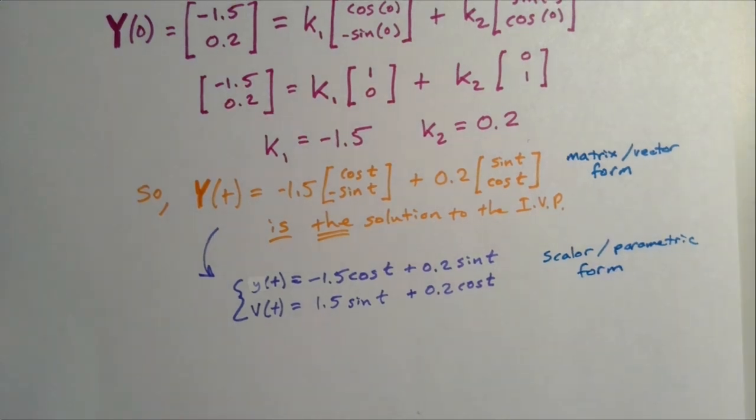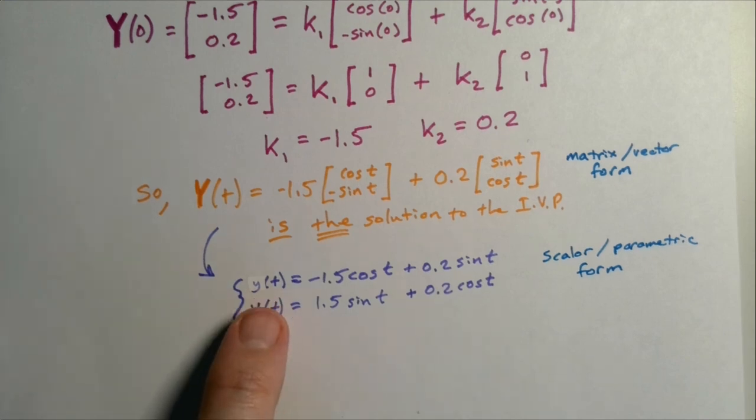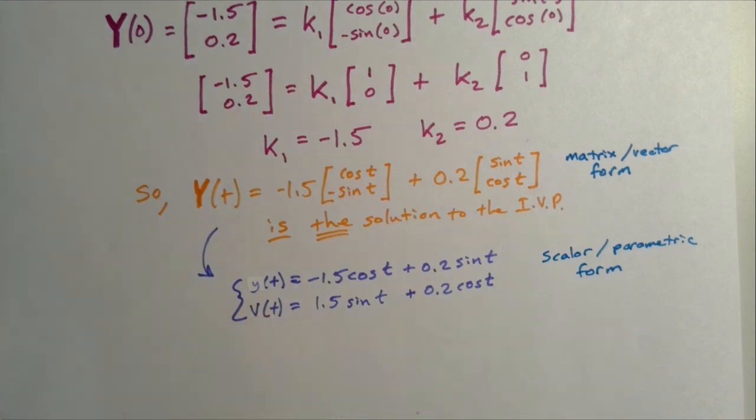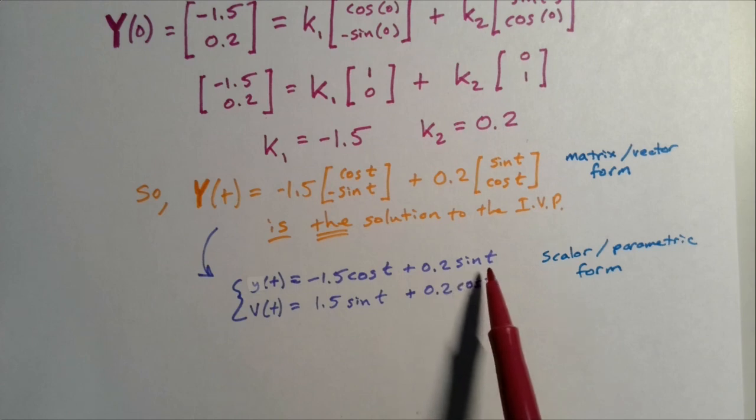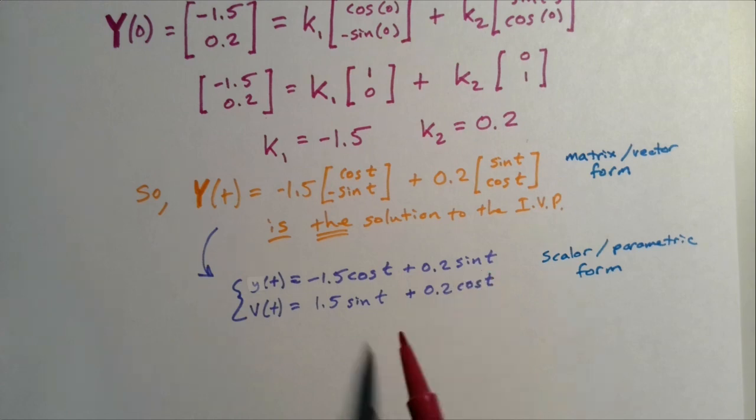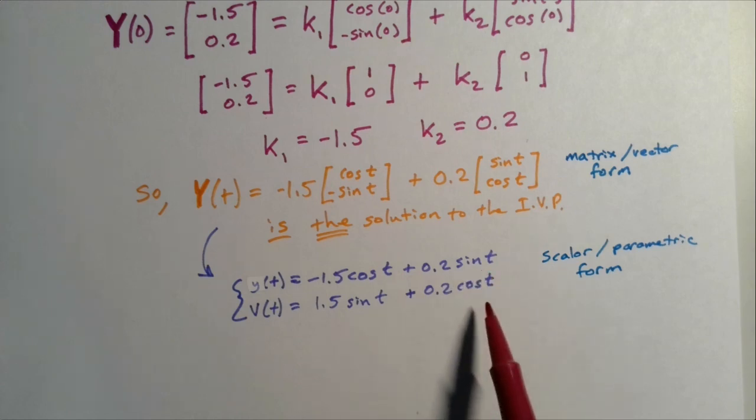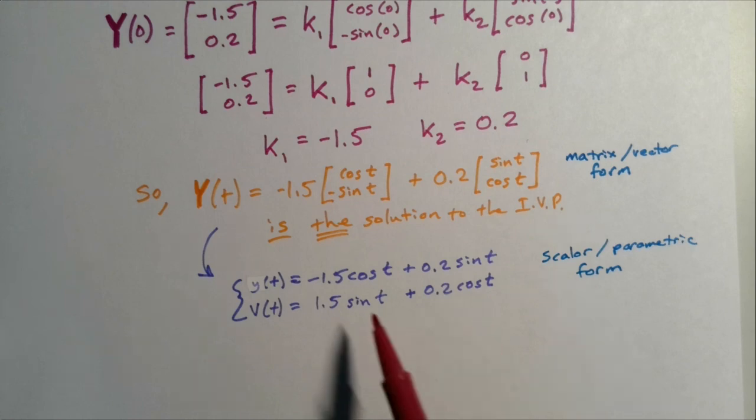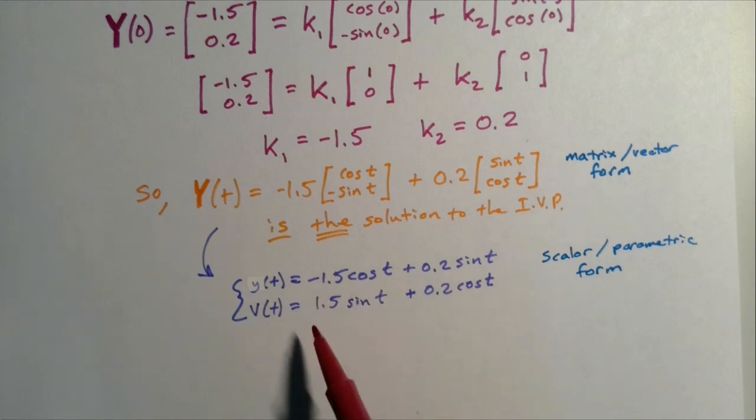Now it's worth noting that this is position and this is velocity, and there's a relationship between those two things that we're familiar with. And sure enough, if you take the derivative of that position function, notice that this is exactly what you'd get, the velocity function. Because the derivative of negative 1.5 cosine is positive 1.5 sine.